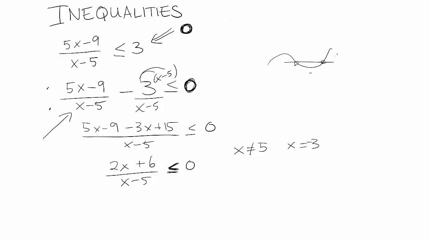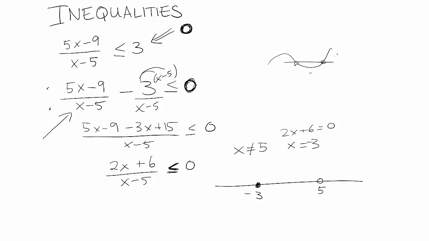That comes from the 2x plus 6 being 0. And if you solve that, you get the negative 3. So our critical points then, we have an open circle at 5 and a closed circle, because it can be equal there, at negative 3.